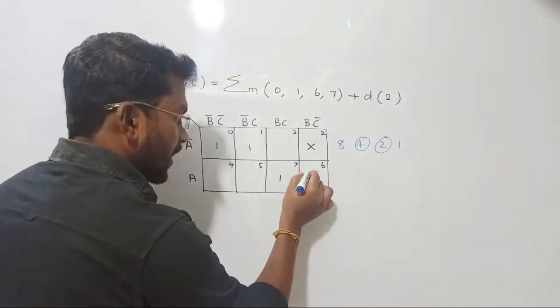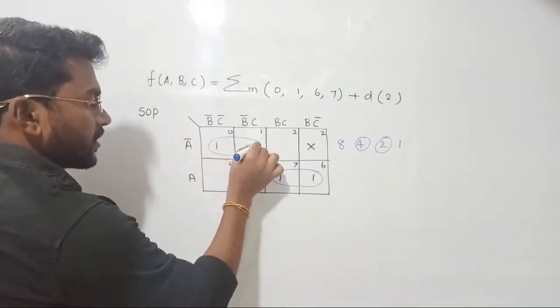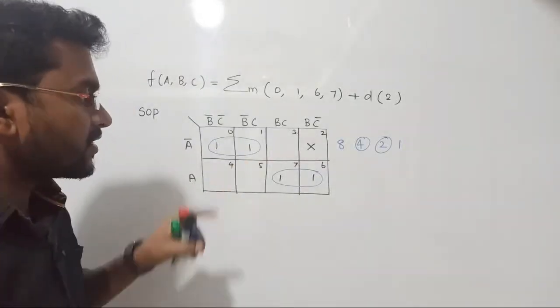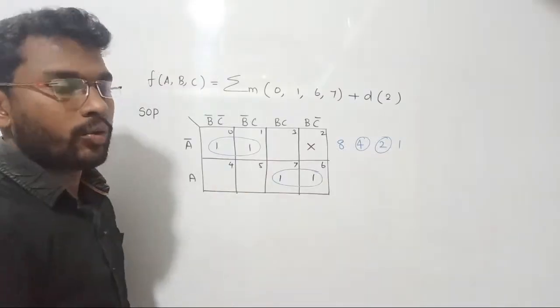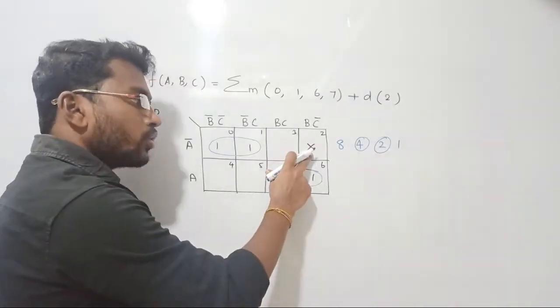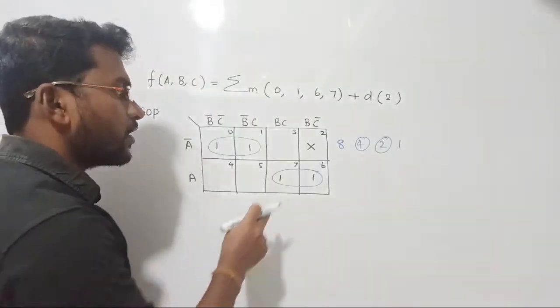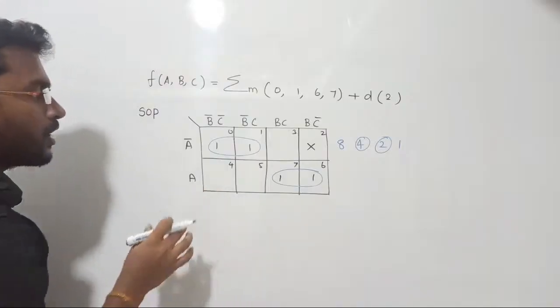I can group these 2, and we can also group these 2. Is there any other possibility? No. In this case we do not need to group the don't care, because without using it we can group directly. So what is the purpose of using the don't care? It is not necessary. You can skip it and simply write the answer.